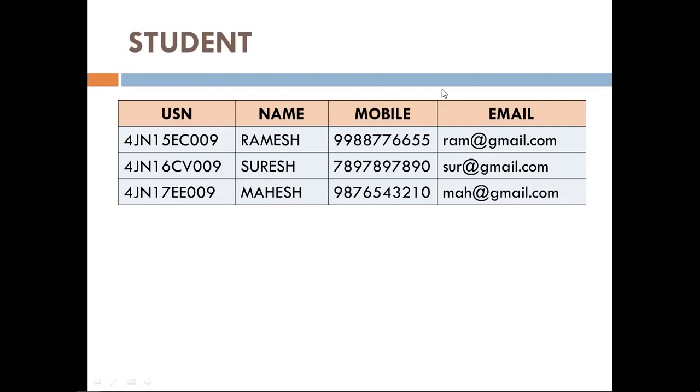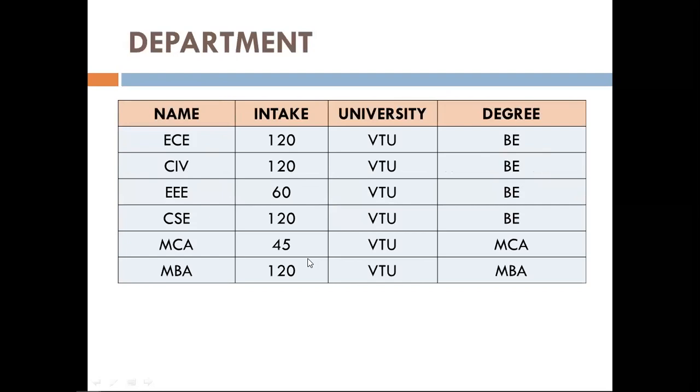The second table which we discussed was the department table. Again, the department table has four attributes: name, intake, university, and degree, and a few rows of data. The first row is the column header.